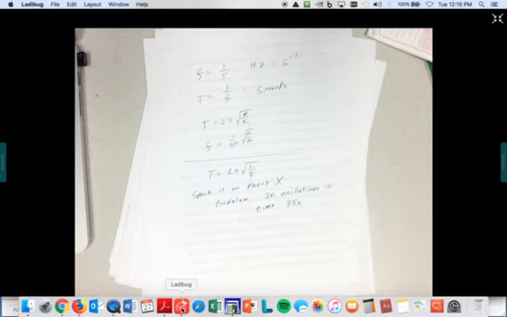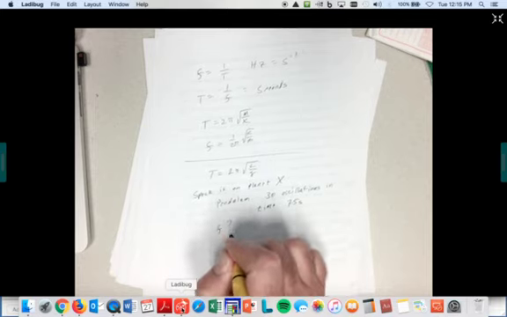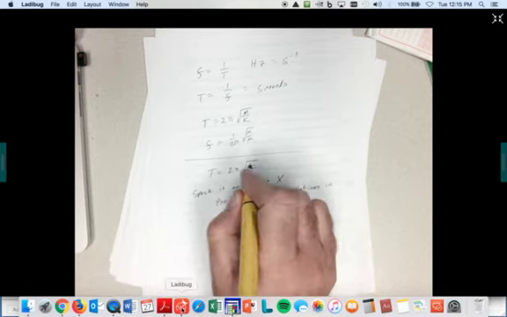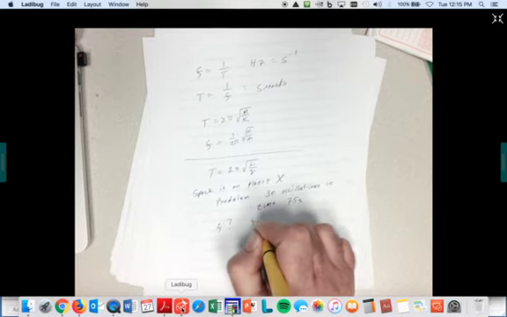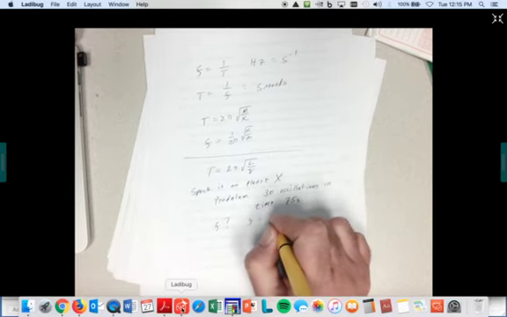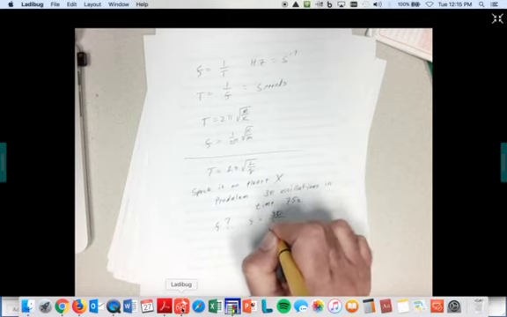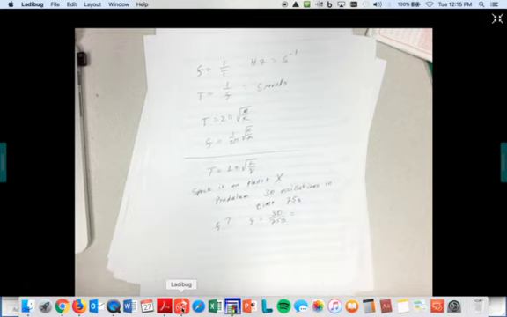Guess what you have here? You have a frequency. What's the frequency of this pendulum? Well, what do you need? You need seconds in the denominator, right? So the frequency is going to equal 30 oscillations back and forth divided by 75 seconds. Aha!